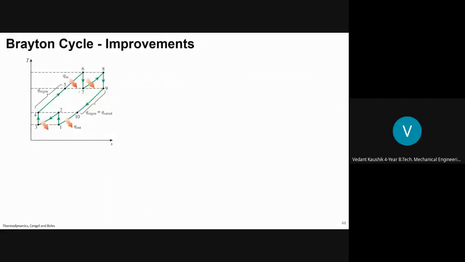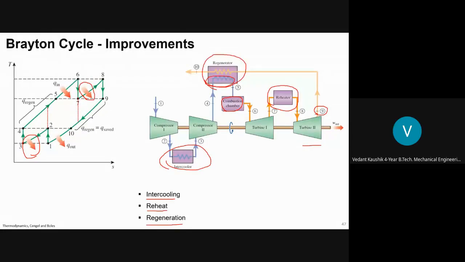Sir, in this, what kind of process is 2 to 3? Constant volume or pressure? Okay.